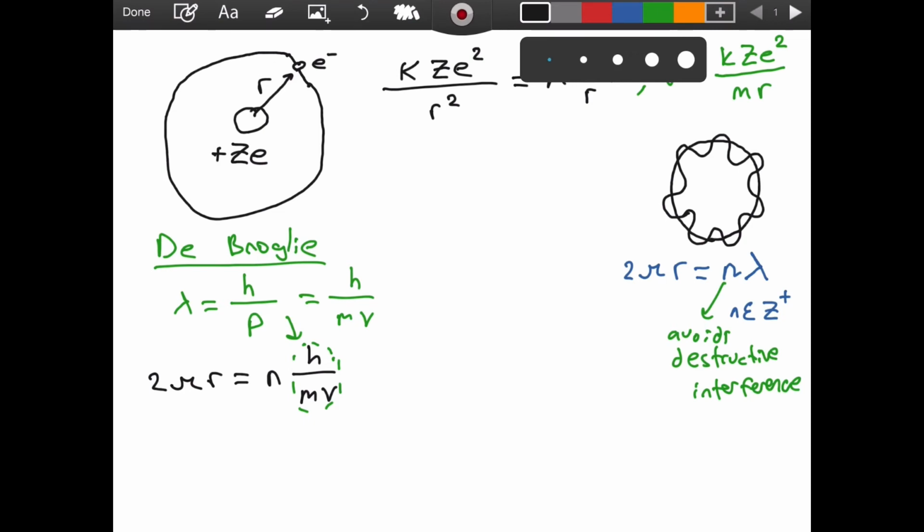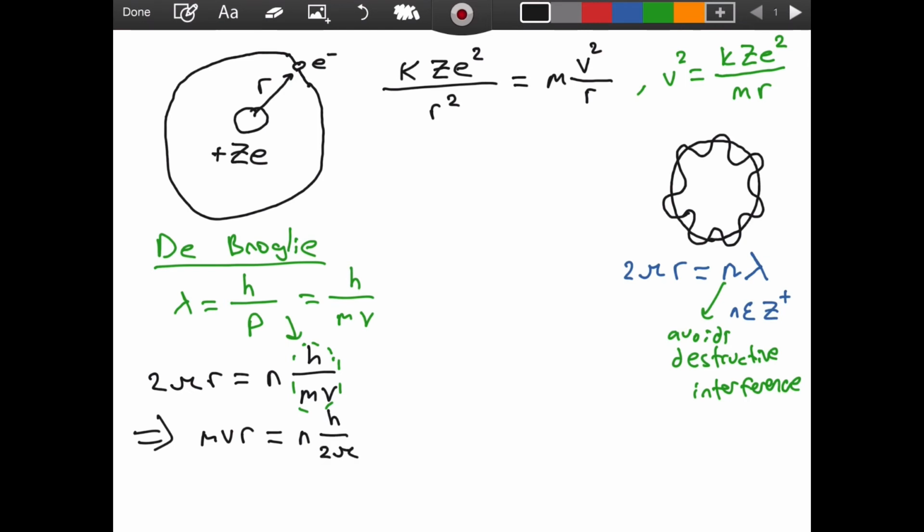Well, look at this. We have velocity here, and we have a formula for velocity squared here. So maybe we can combine them two, and then they can be simplified, and we will be left with r in terms of mass, z, k, pi, that kind of quantities, okay? Pi is not a quantity, of course, it's just a number. So if I arrange this equation, I can get mvr. I just multiplied by mv and divide by 2 pi is equal to n times h divided by 2 pi.